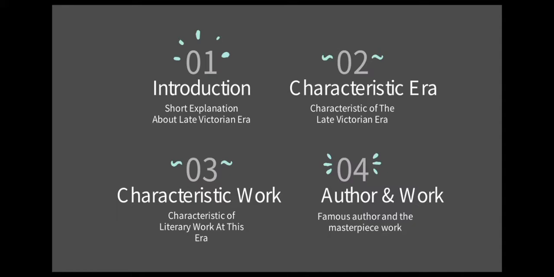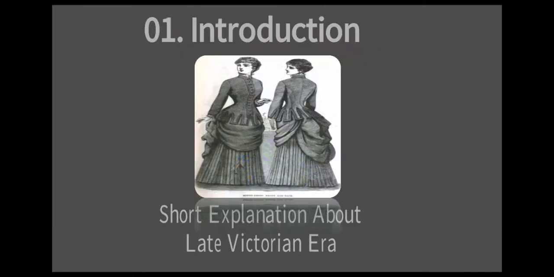In this introduction, there is a short explanation about the late Victorian era, and the second one is characteristics of this era. And the third one is characteristics of the work in this era, and the last one is the famous authors and masterpiece works of the late Victorian era. Okay, let's begin with the introduction.